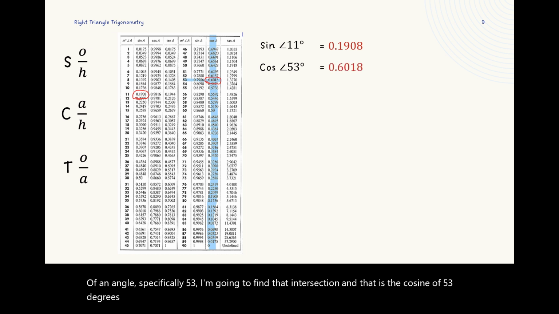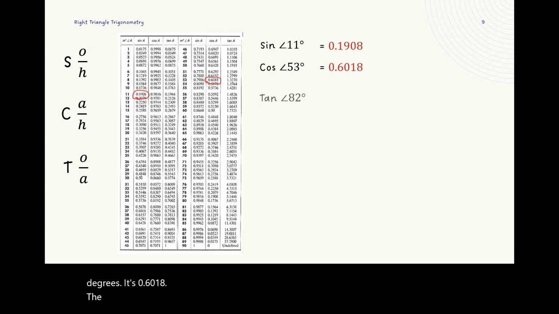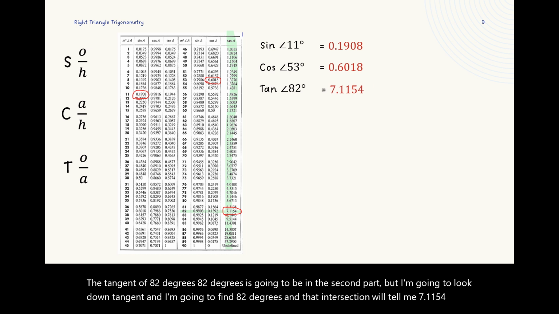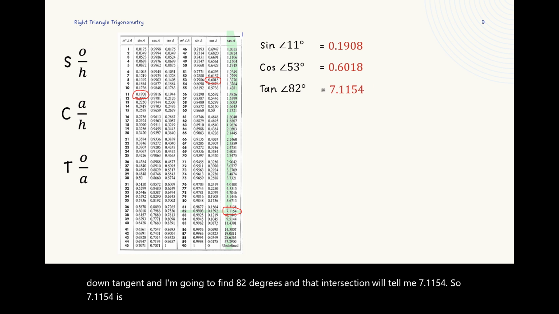It's 0.6018. The tangent of 82 degrees is going to be in the second part, but I'm going to look down tangent and find 82 degrees, and that intersection will tell me 7.1154. So 7.1154 is the tangent of 82 degrees.